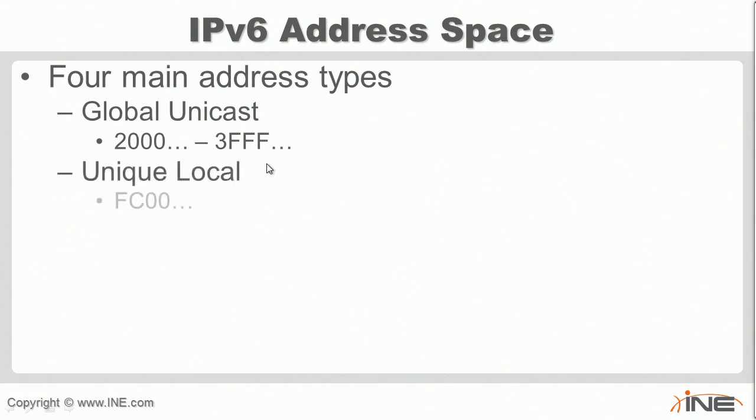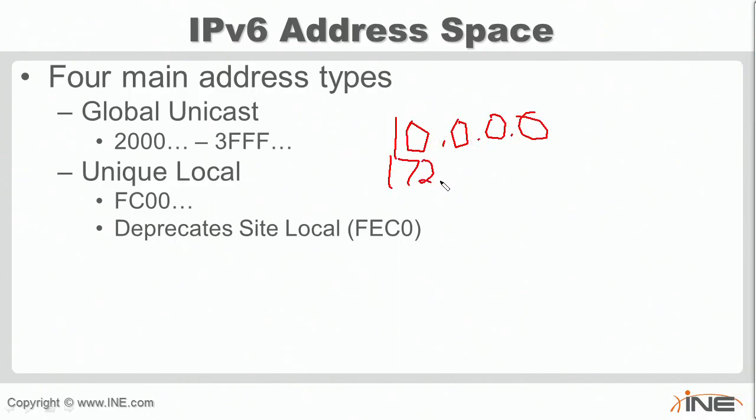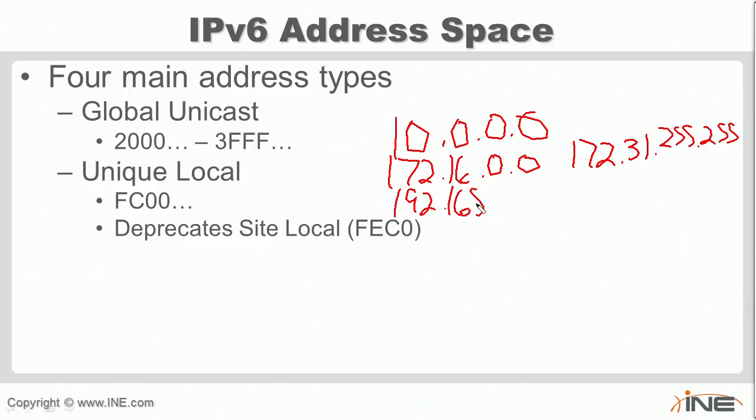Then the unique local addresses start with FC. This would be the equivalent of the 10 network, the 172.16 to 172.31.255, and the 192.168.0.0 through 192.168.255.255.